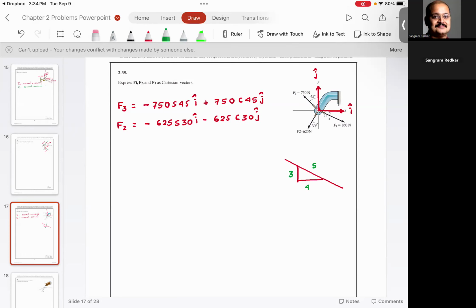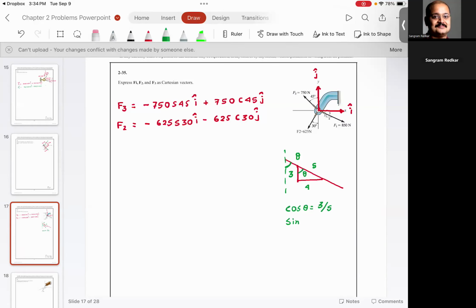So what I'm going to do is say maybe this angle is theta. If this angle is theta, you agree with me, this angle will also be theta. Cosine theta is equal to 3 by 5.